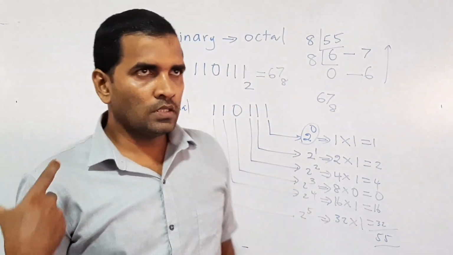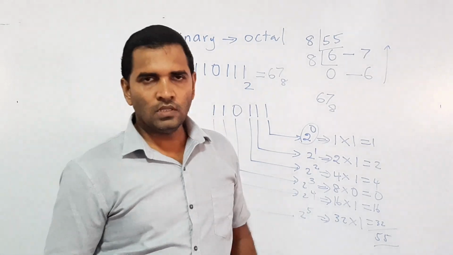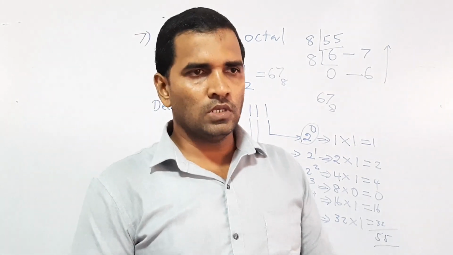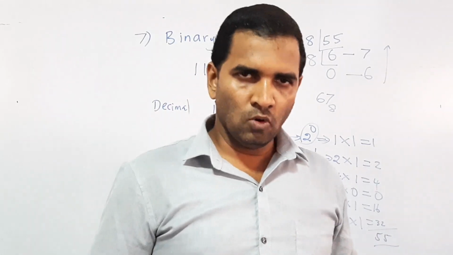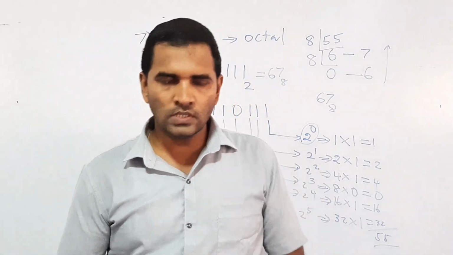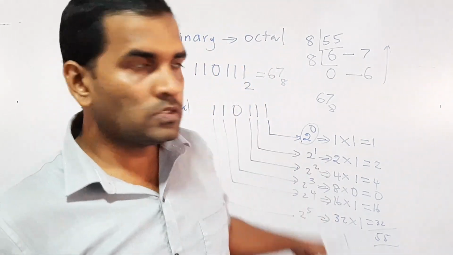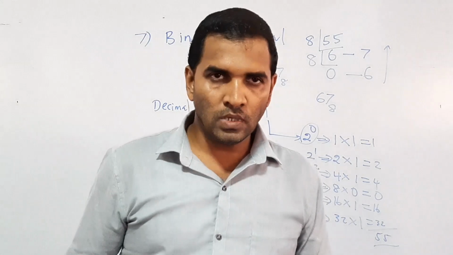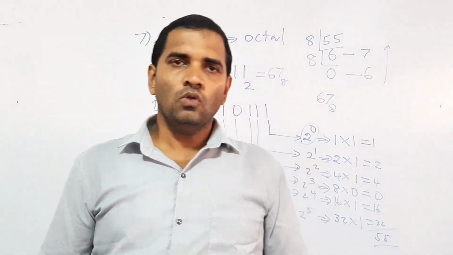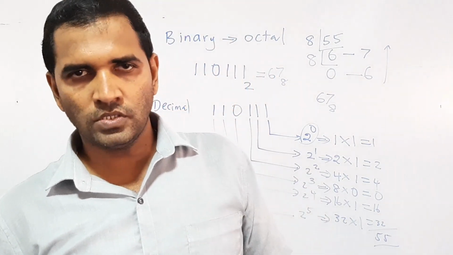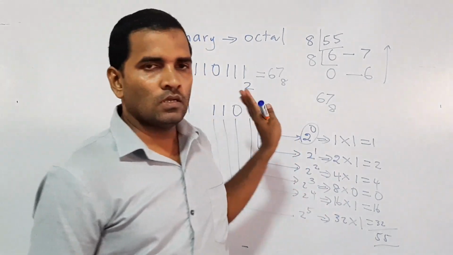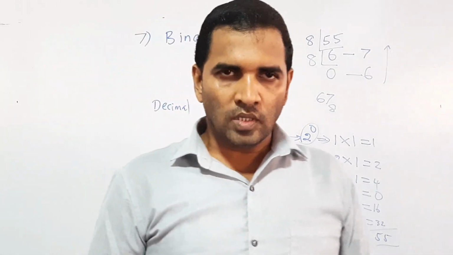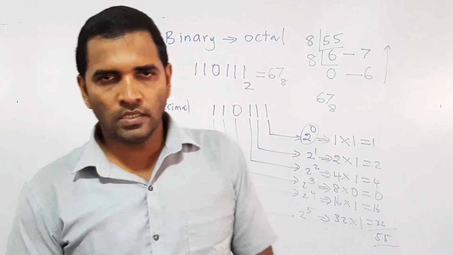So this may be the issue in this conversion because you have to spend more time in converting your numbers. At the same time, since you have many steps, there is always a possibility for making mistakes. So I'm not going to recommend this method to you to use in examinations.